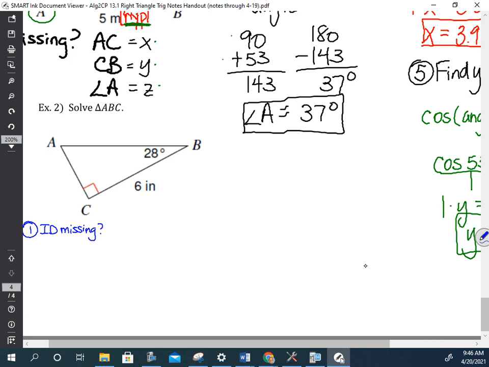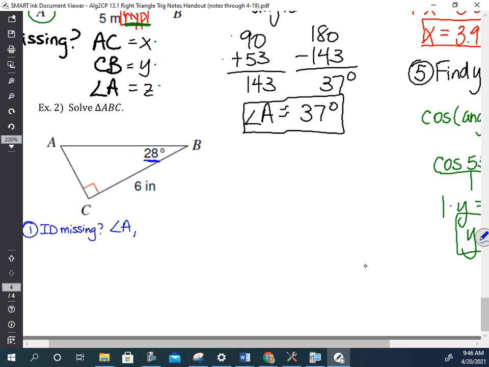What are the three things we don't know? Angle A. We don't know angle A. We know angle B.